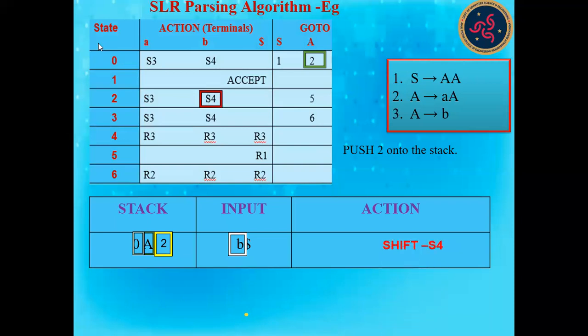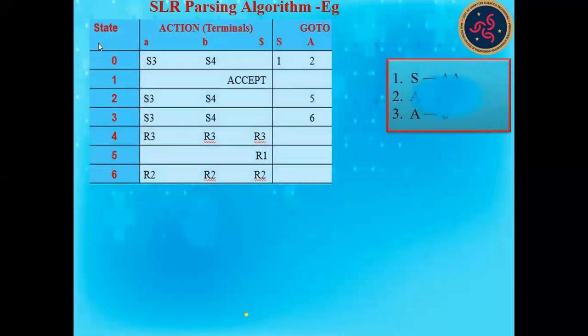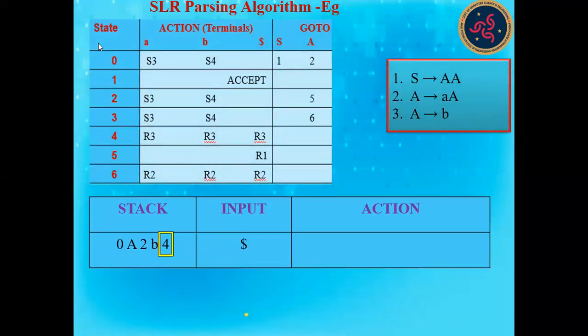Here I need to push this B onto the stack, and 4, the state number, also should be pushed. So now I am pushing B4 onto the stack. My input buffer is only having a dollar symbol.